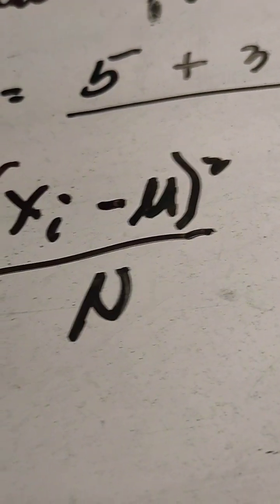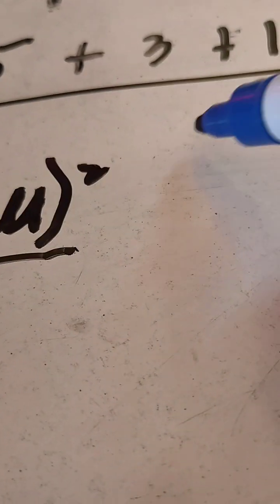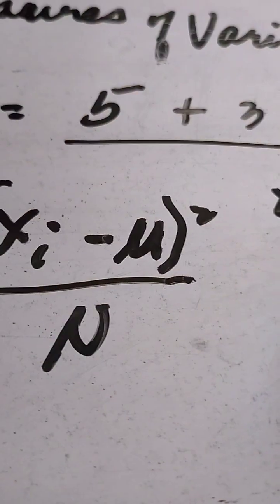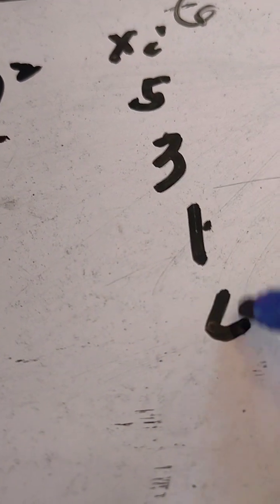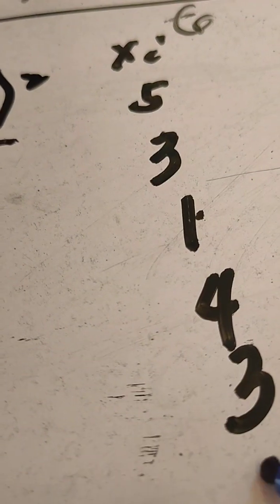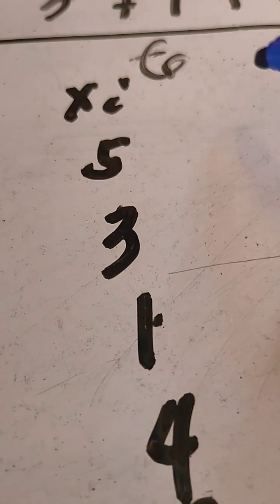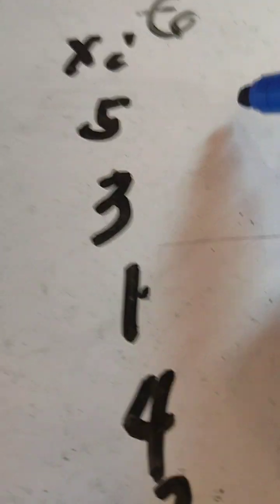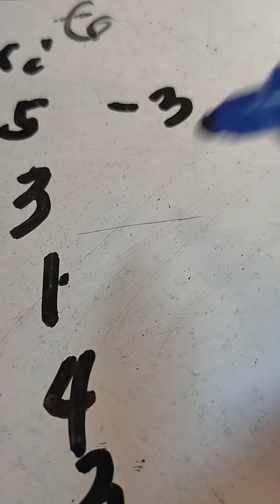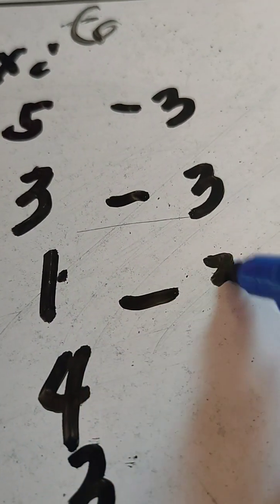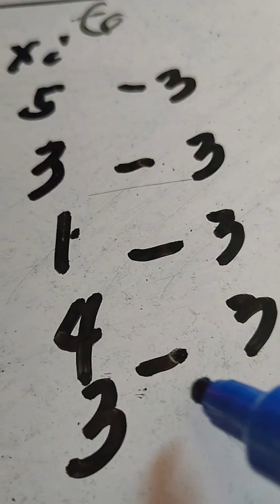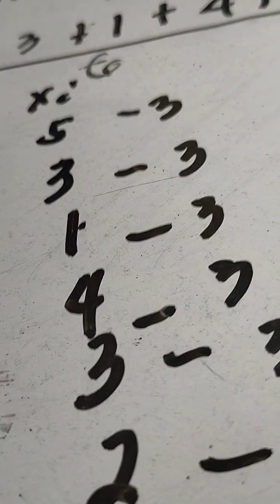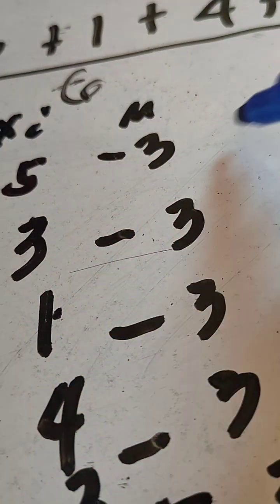So let us make a column again of our x sub i, which consists of 5, 3, 1, 4, 3, and 2. Then we are going to subtract this by the mu, which is 3. So minus 3, minus 3, minus 3, minus 3, minus 3, minus 3. So this is our mu.